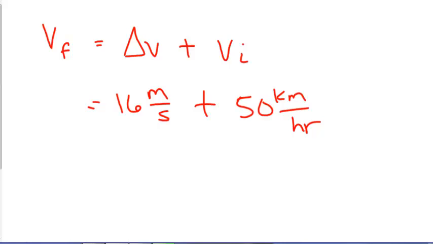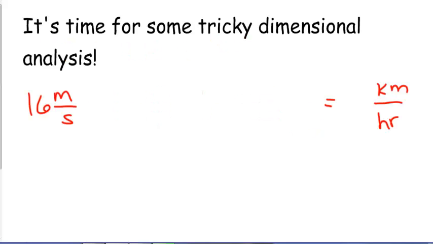This is some tricky dimensional analysis because not only do I want to change meters to kilometers, I also want to change seconds to hours, and I'm actually starting with a conversion factor. Most of the time when we use dimensional analysis, we want to start with something that only has one unit, but this actually has the two units together, and usually we would use that as a conversion factor.